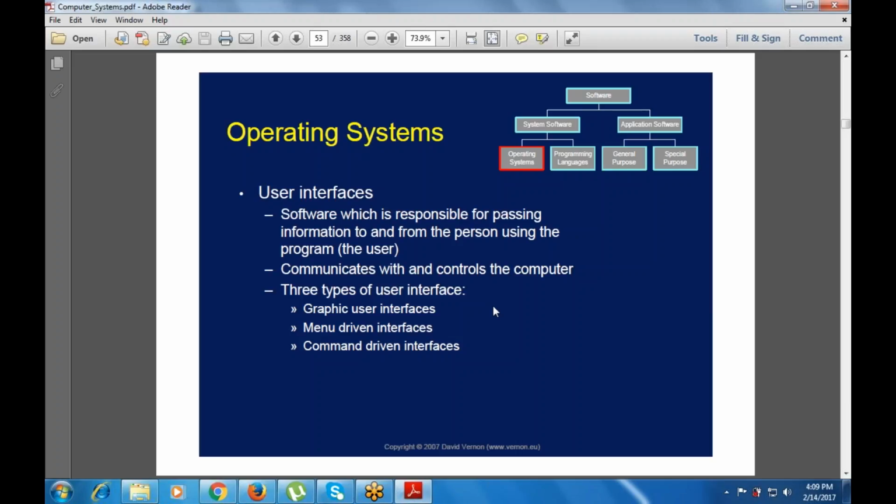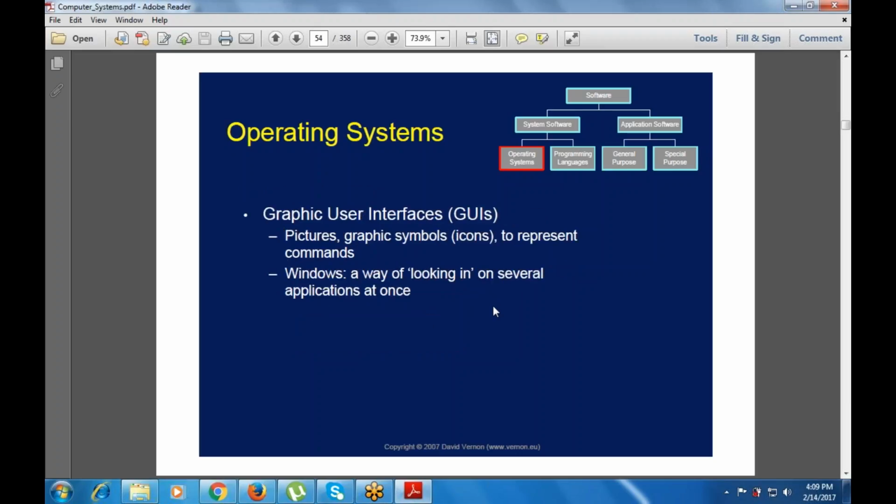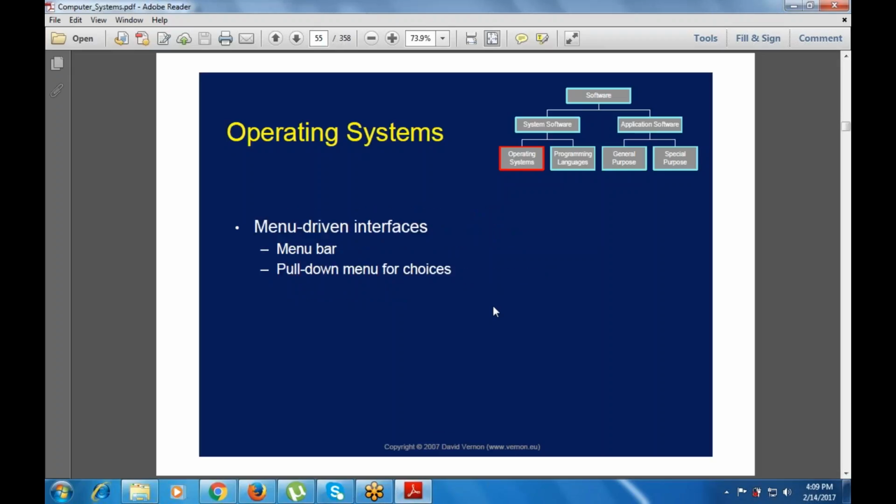So there are three types of interfaces used with the operating system, and this is again part of the software known as the system software. One is a GUI, with pictures, graphic symbols, and icons to represent the commands. Then Windows, which is a way of looking at several applications at once. Then a menu driven interface, with a menu bar and pull down menus for the choices.